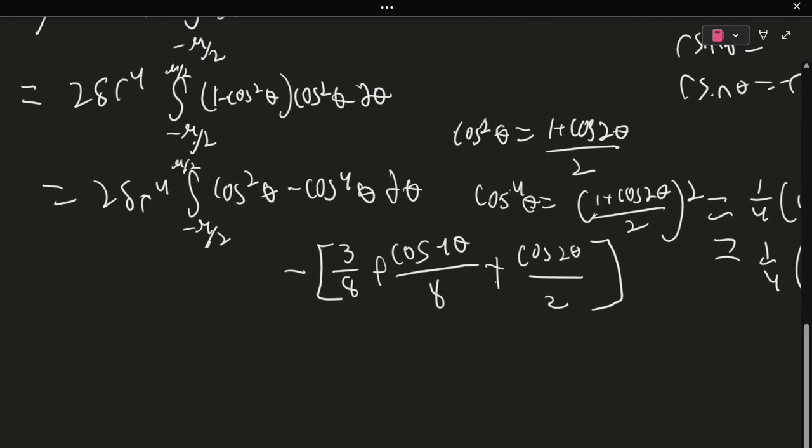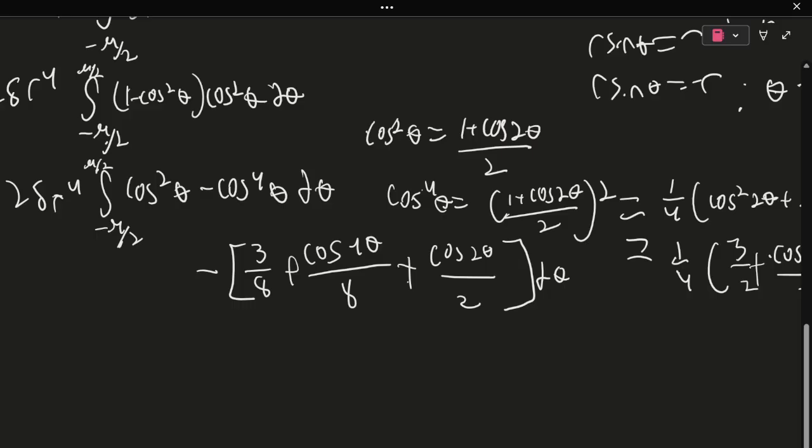And we can have an in bracket. And then we'll go ahead and add our d theta on the end.